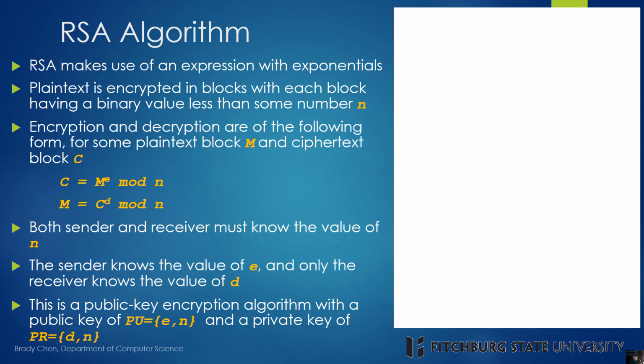RSA makes use of expressions with exponentials, and we can perform the modular operation on these expressions. Plain text is encrypted in blocks, with each block having a binary value less than a certain number n. This number n is very important.